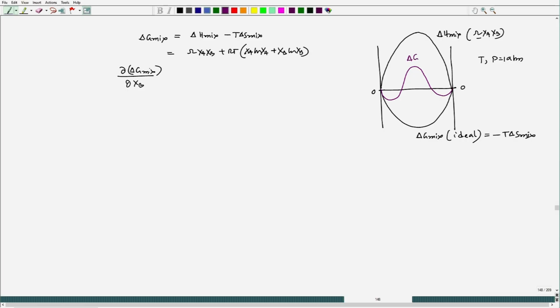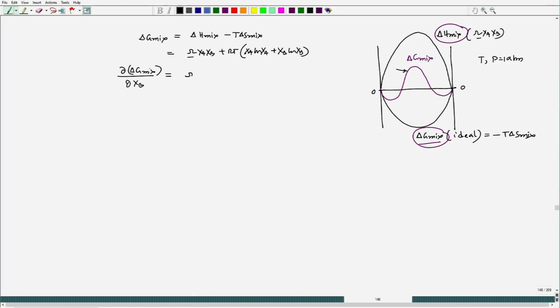So, this is delta Gmix for non-ideal, which is coming with the addition of this and this, not this one and this one. If we add them, then we can get delta Gmix for the non-ideal solution. So, that means we are taking slopes over this plot. This is constant.